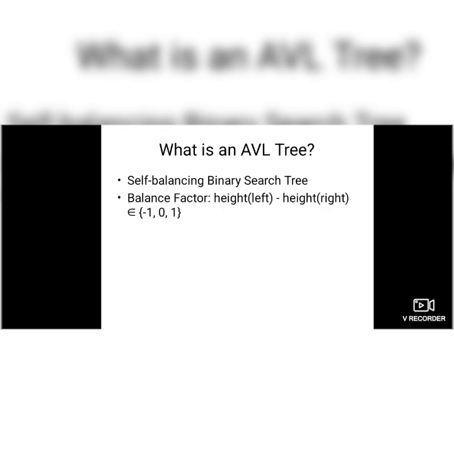We have to check the balance factor for each node after we do an operation. Balance factor means the height of the left subtree minus the height of the right subtree. It is called the balance factor, and we use it for any node.